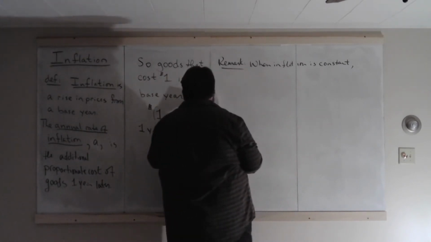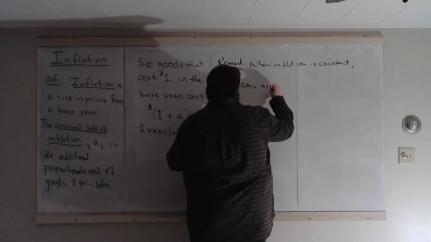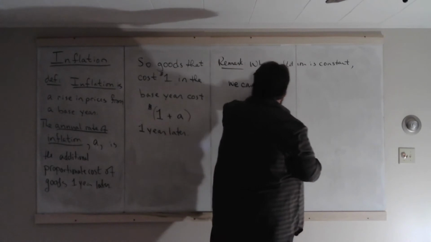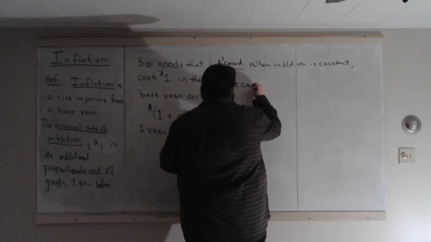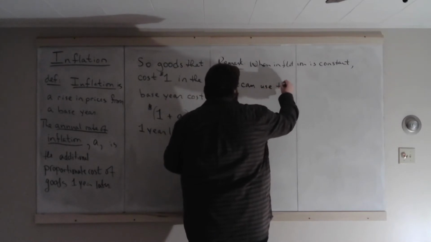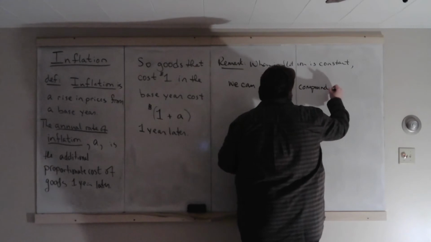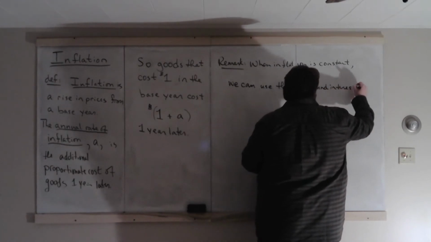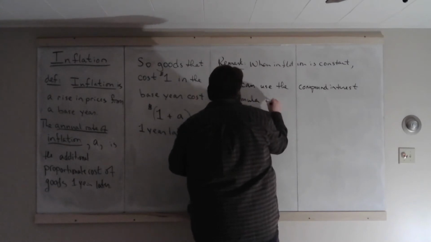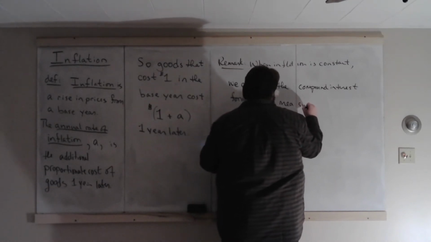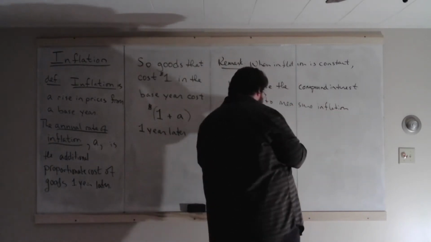When inflation is constant, we can use the compound interest formula to measure inflation across a given time period.